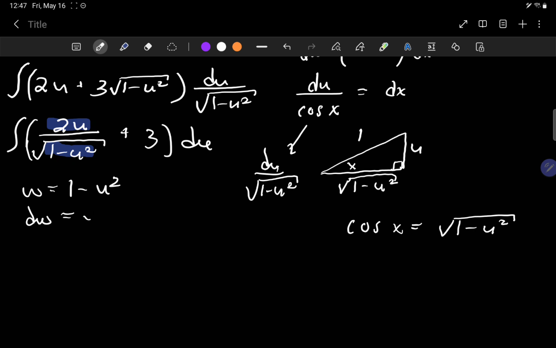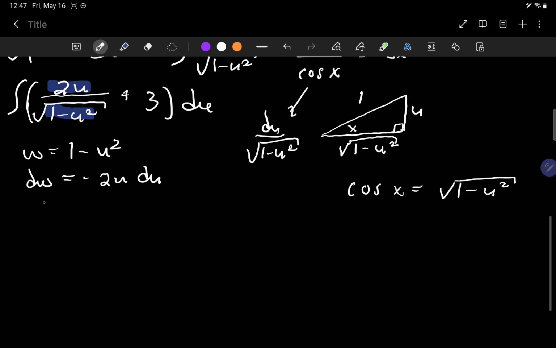Anyway, so we have negative 2u du, and I've got the 2. I don't have the negative, so I'm going to write in the negative, and I'm also going to multiply by a negative. Well, actually, maybe I should split this up first. So we'll have the negative, and then the negative 2u over the square root of 1 minus u squared. Oh, my handwriting is getting sloppy.